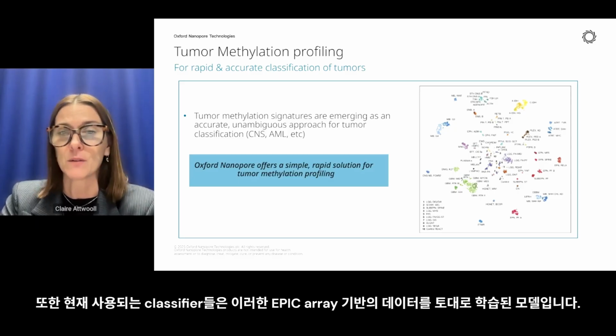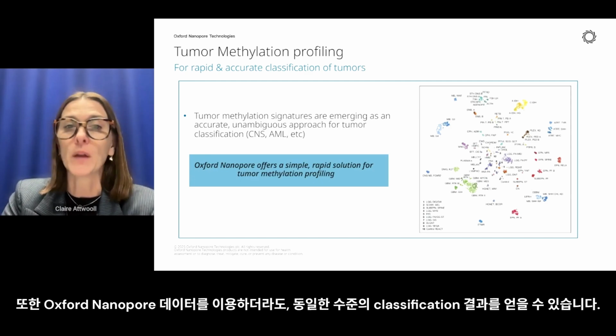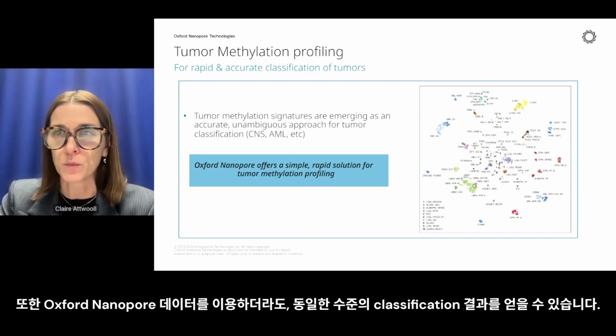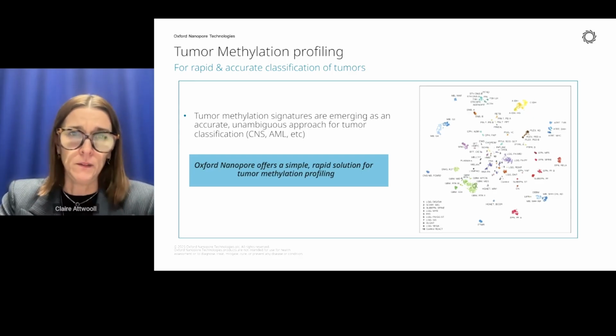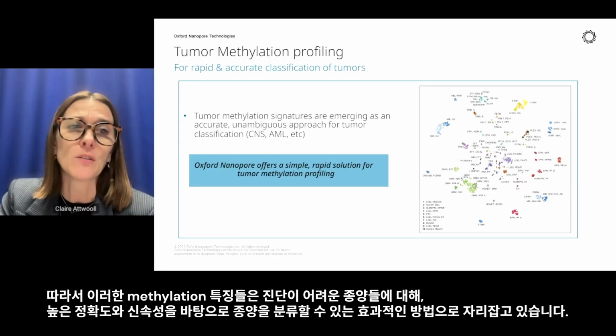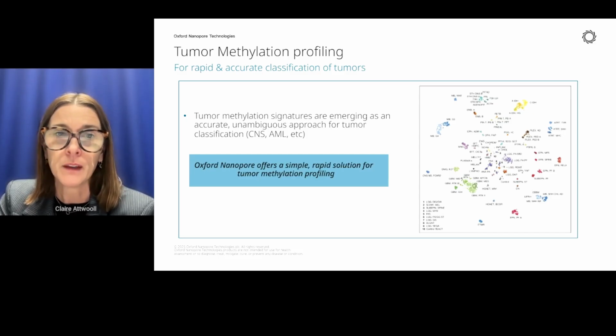And the classifiers that were trained on this EPIC array data, we get the same classifications with Oxford Nanopore data. And so these tumor methylation signatures are emerging as a really accurate but also rapid way of getting a tumor classification from these very difficult tumors.